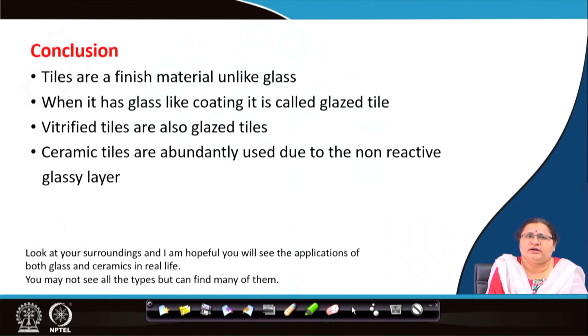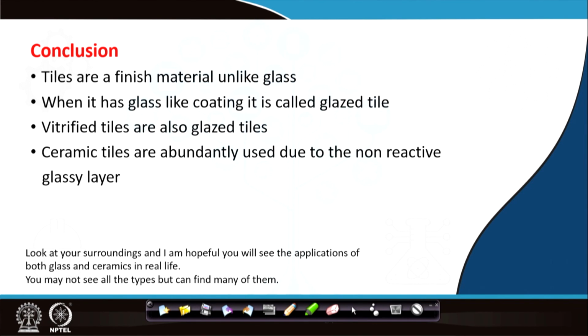So, we can conclude this module by saying that tiles are a finish material unlike glass. When it has a glass-like coating, it is glazed. Vitrified tiles are all glazed tiles. Ceramic tiles are abundantly used due to their non-reactive glassy layer and they are cheap.